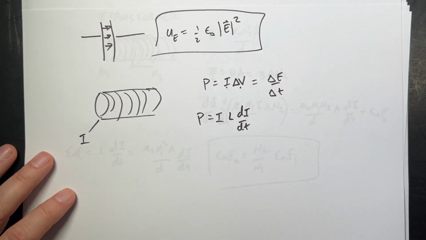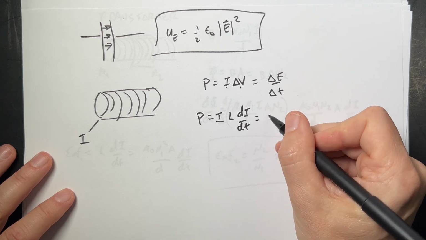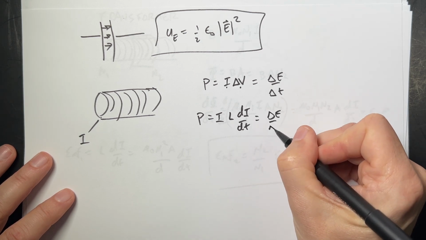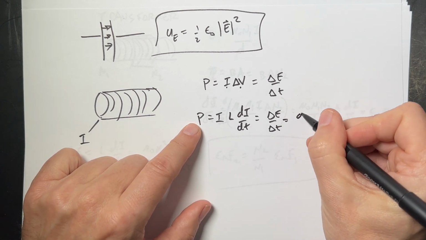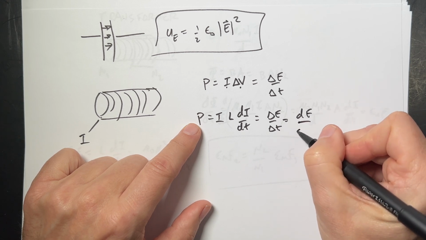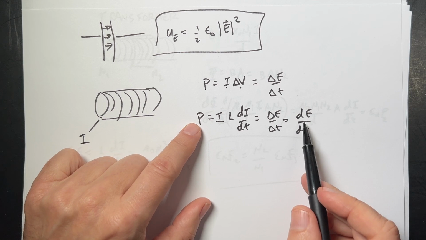Well, if I want to write this as the change in energy with respect to time, that is power, I can actually write that as dE dt. So let's solve for dE, the change in energy.